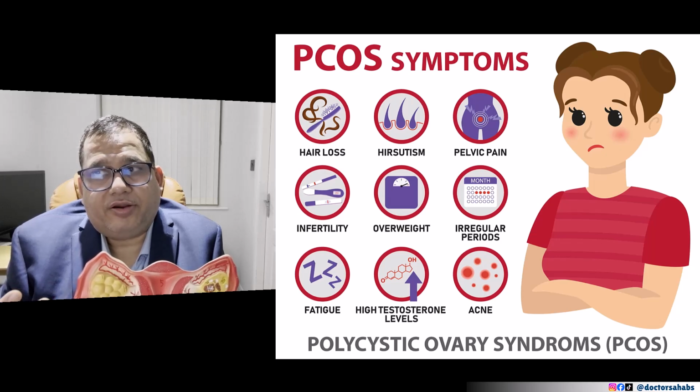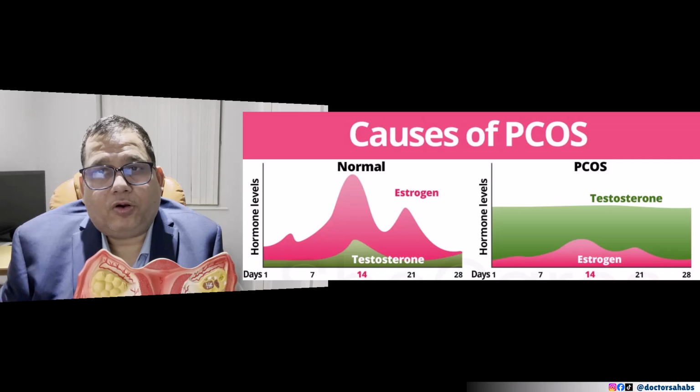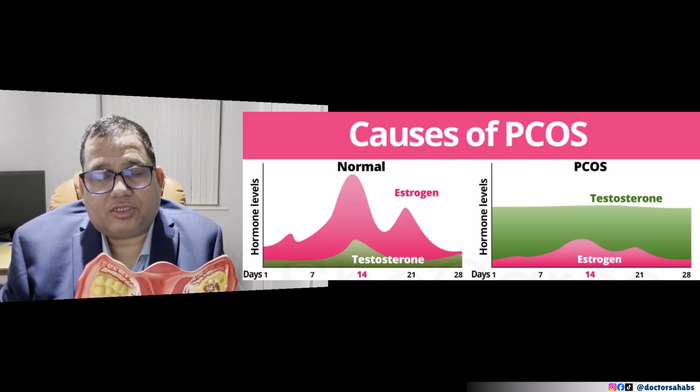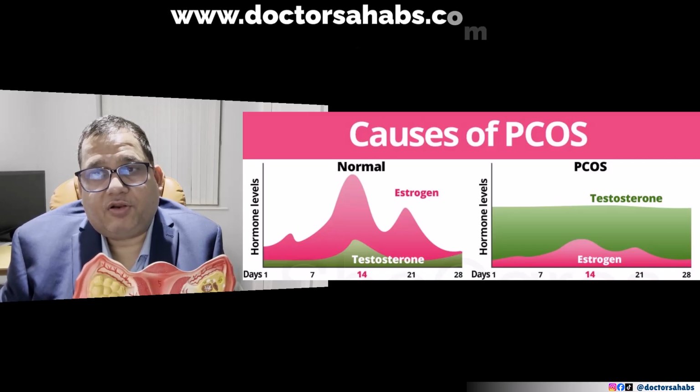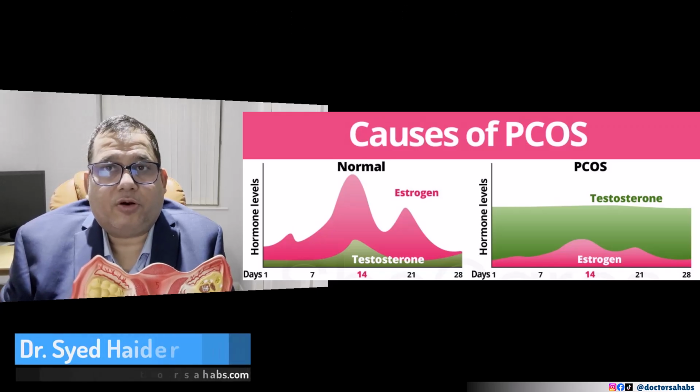Androgen or testosterone is basically a male hormone, but during polycystic ovarian syndrome, these testosterones are high. Due to high level of testosterone, it causes excess facial and body hair.